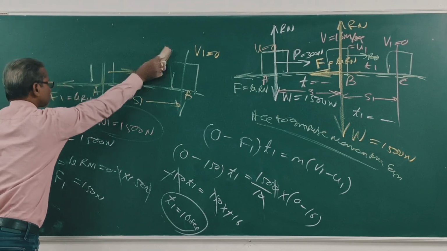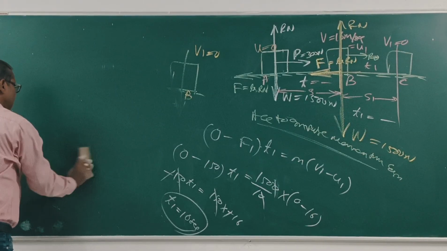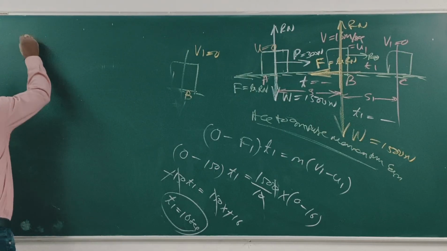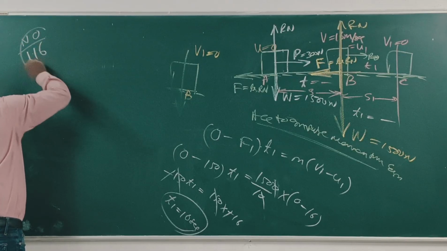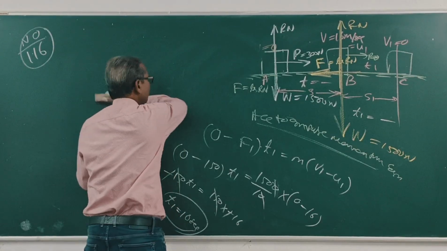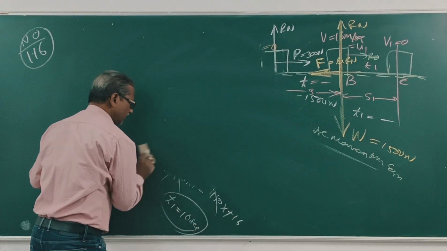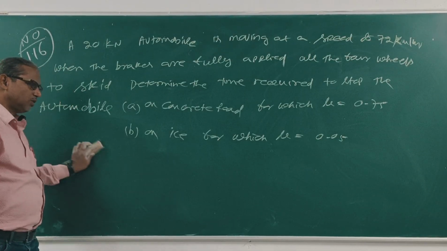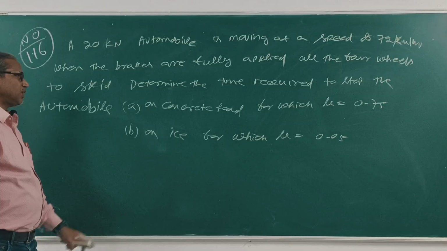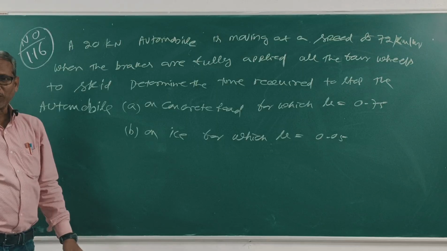Next. Now, this is question number 116. The question is, a 20 kilonewton automobile is moving at a speed of 72 km per hour.